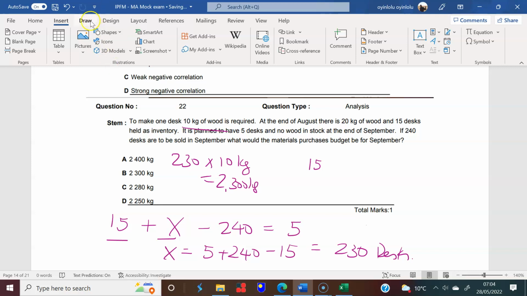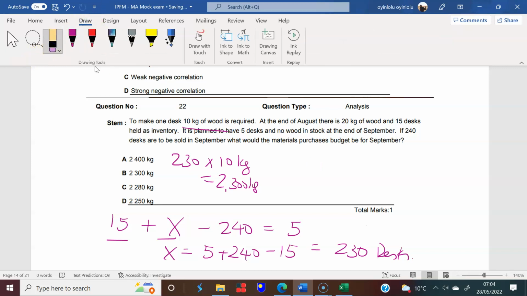It's not quite the end. What I then need to ask myself is, if I need 2,300 kilograms, it says you currently have 20 kilograms in place. So I need to go out and buy a certain number of kilograms so that I can do my production. And interestingly, it says we don't want any wood at the end.